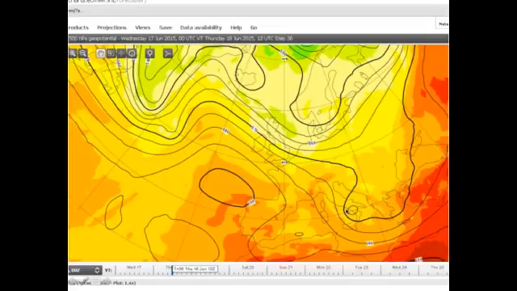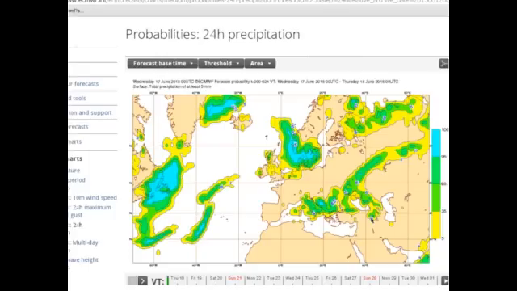And as you can see, the upper level low in the southeastern Europe is still here, but moving slowly towards the Mediterranean Sea. In the forecast data, well, what is interesting if you think of the forecast is the precipitation.